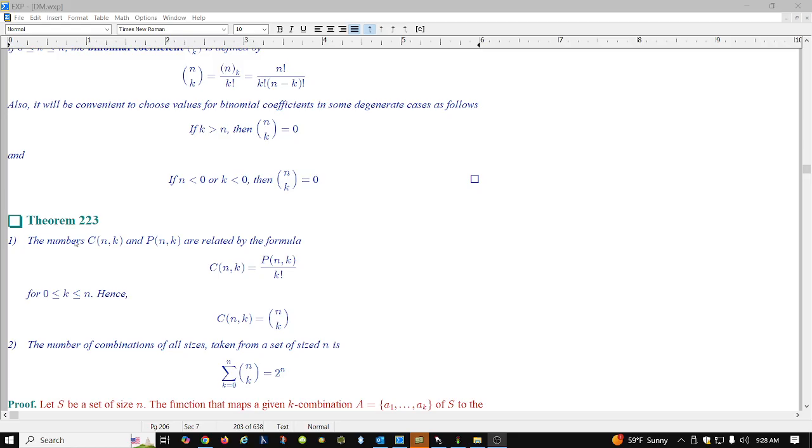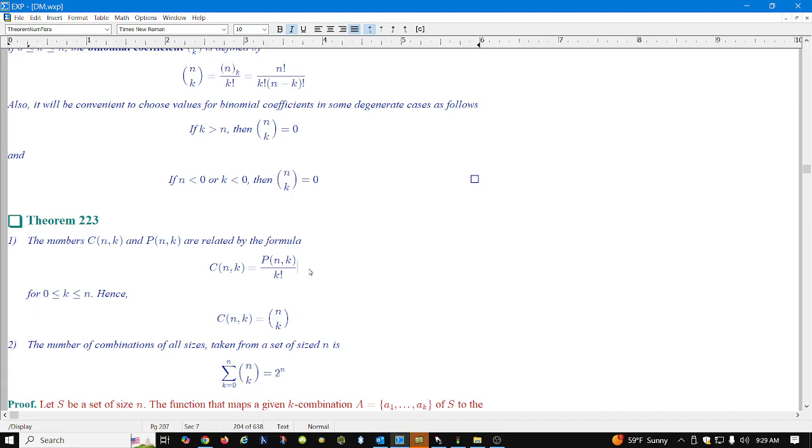Now, we're going to encounter integers that are not in this range. These will be degenerate cases, and the convention is that if k is bigger than n, n choose k is 0, and if either n is negative or k is negative, n choose k is 0. These are merely conventions that will turn out to be convenient. Okay, theorem. The numbers C(n,k) and P(n,k) are related by this formula. This tells us that there are k factorial times as many permutations as there are combinations. And so we want to solve this for C(n,k). K factorial goes in the denominator.